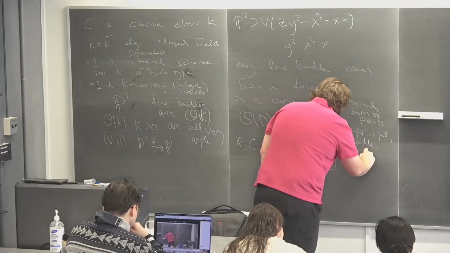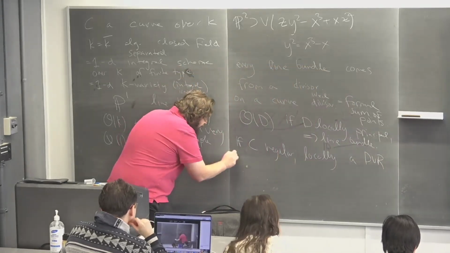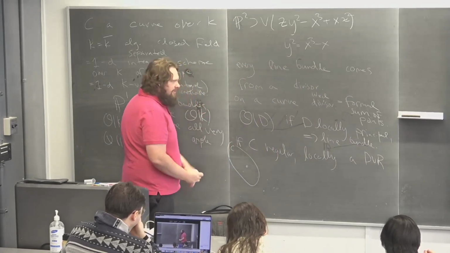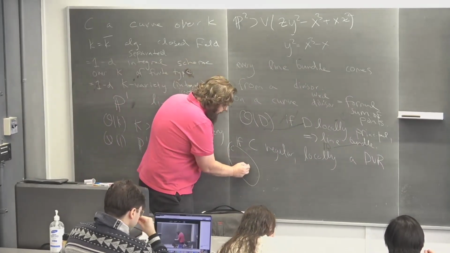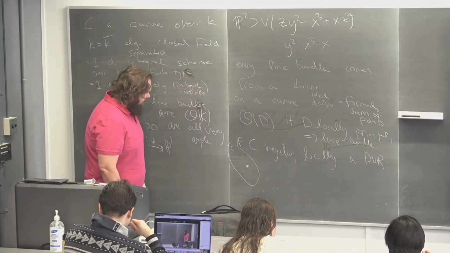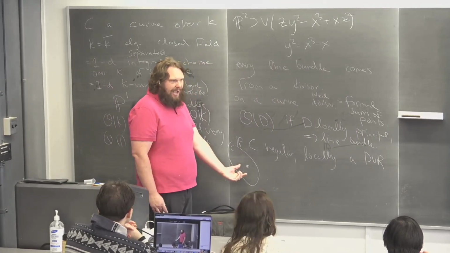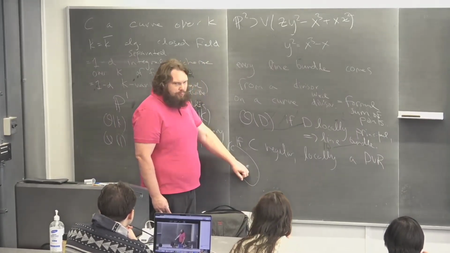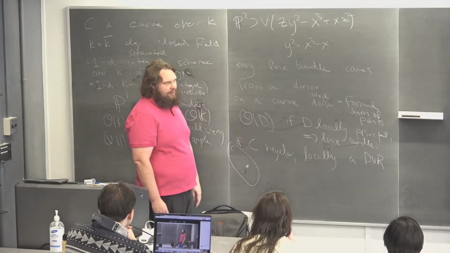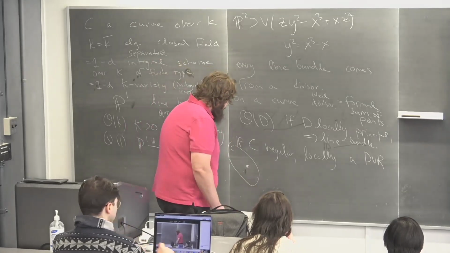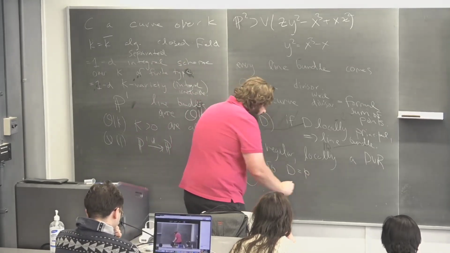And so indeed, if I have any point on C, I sort of draw this as a disk because I'm thinking about the complex world, in which case this would be a two-manifold. I have a point here, right? And when I ask, is this divisor locally principal, the thing I'm asking is whether the corresponding prime ideal in the local ring is principal. And that's exactly asking that the local ring is a DVR. So the divisor, which is just one point, is locally principal.